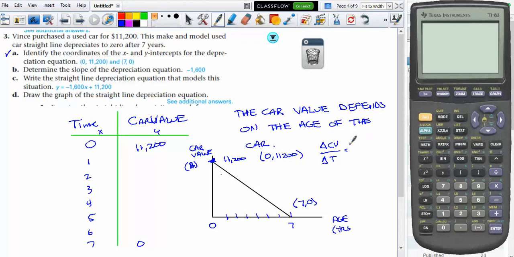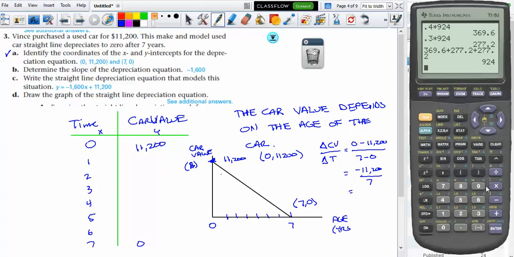So this goes from 0 minus 11,200 over 7 minus 0, which is negative 11,200 over 7.